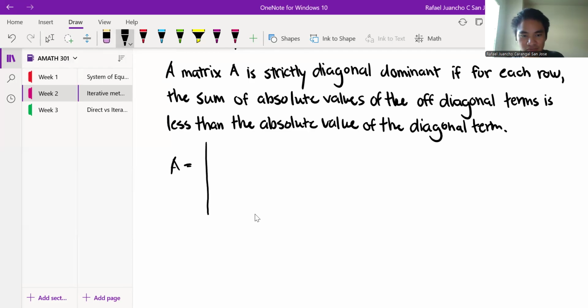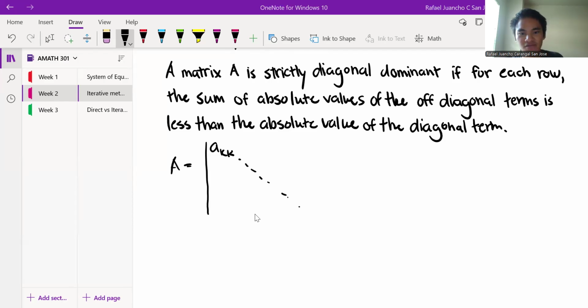We're saying that the diagonal ones are the same row and column. So row one, column one, and we keep going. So that's my diagonal.